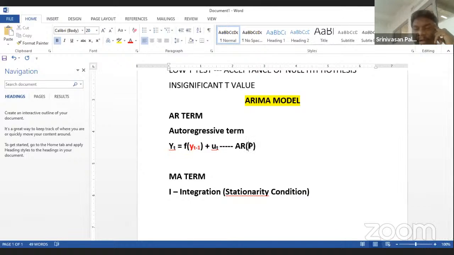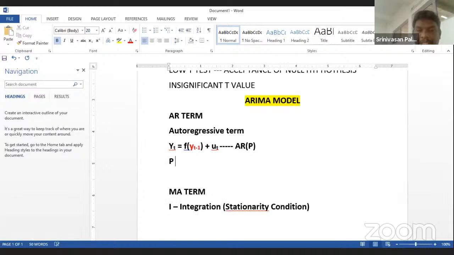P is the order, the lag length order, the lag order of the dependent variable.